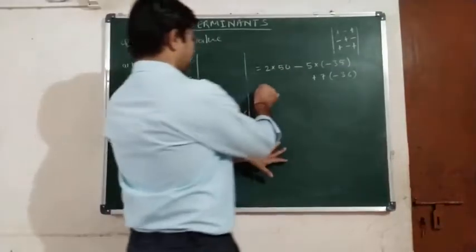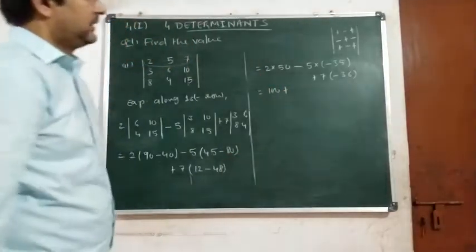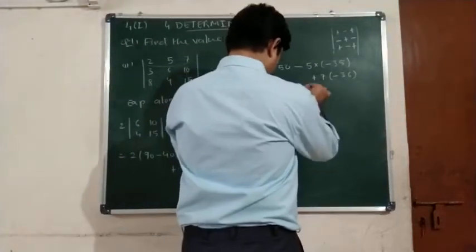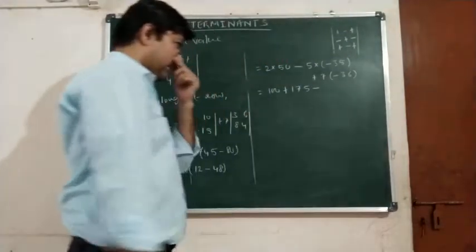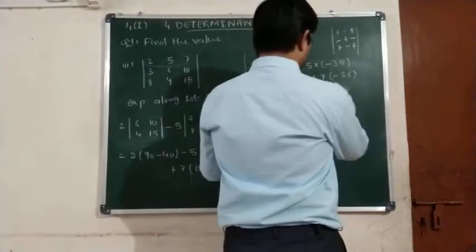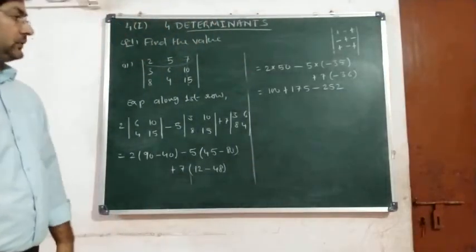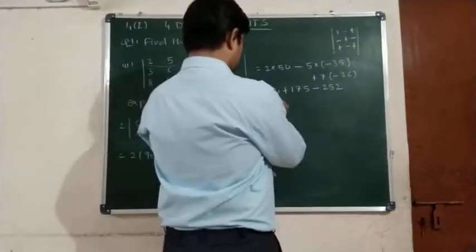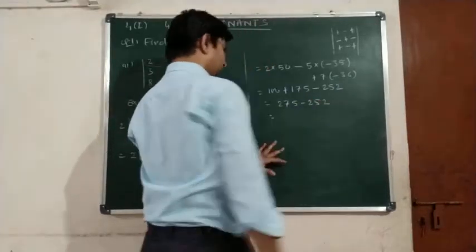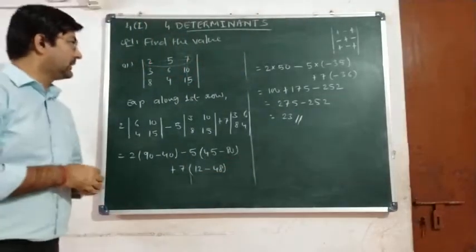Further simplifying, we get 100 plus 175 minus 252. 175 plus 100 is 275, minus 252, so we get 23. Clear? So this is the answer.